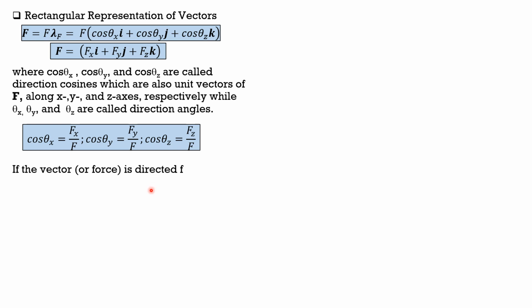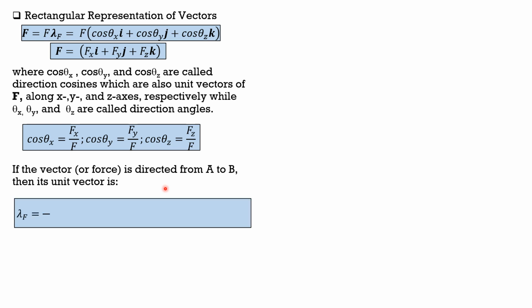If the vector or force is directed from point A to point B, then its unit vector is denoted by lambda AB, and it is equal to (xB minus xA) i plus (yB minus yA) j plus (zB minus zA) k, all over the distance AB. It is also the ratio of F over the magnitude of F. Here xB is the terminal coordinate of the force or vector, the tip, while xA is the x coordinate of the tail.